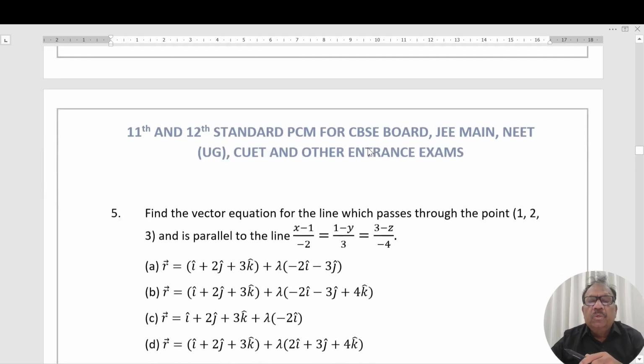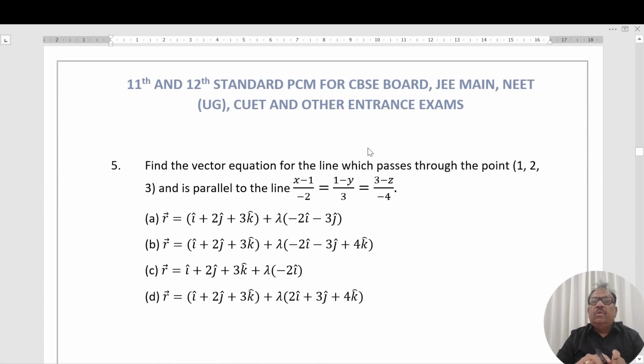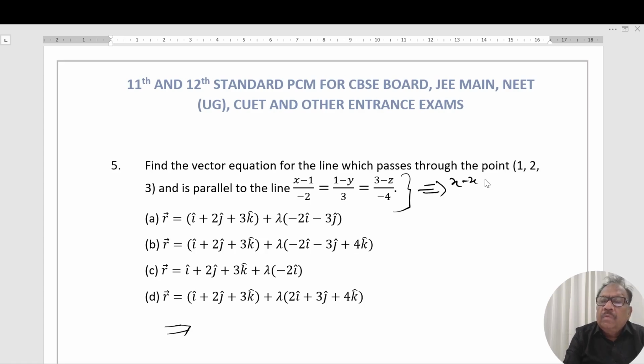Next question. Find the vector equation of the line which passes through the point 1, 2, 3 and is parallel to the line. In that case, make the comparison with the line x minus x1 upon a, y minus y1 upon b, z minus z1 upon c.